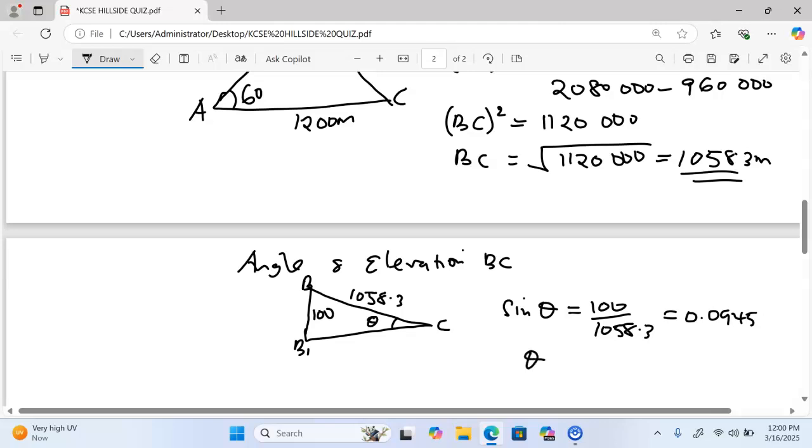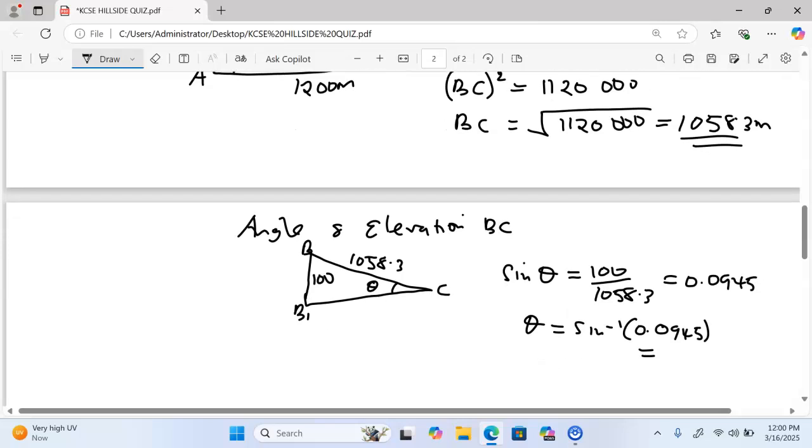To get the angle theta, you find the sine inverse of 0.0945, and this gives us 5.42 degrees as the angle of elevation.